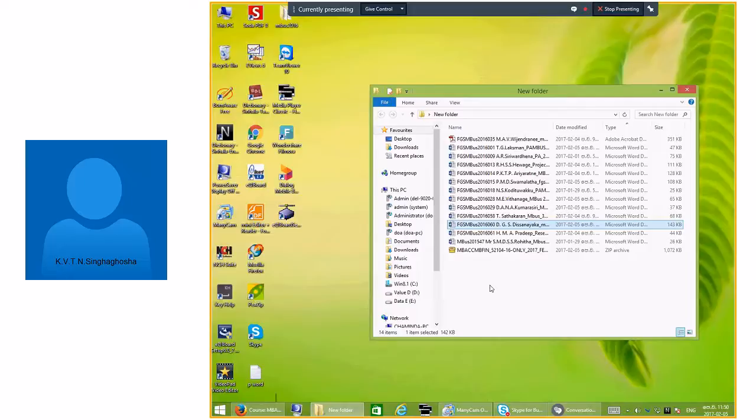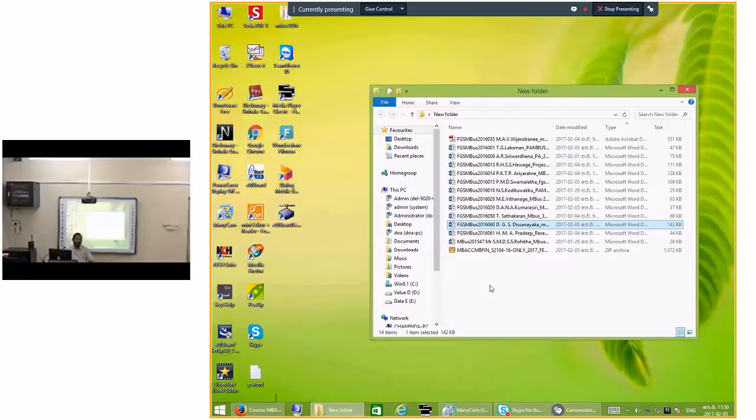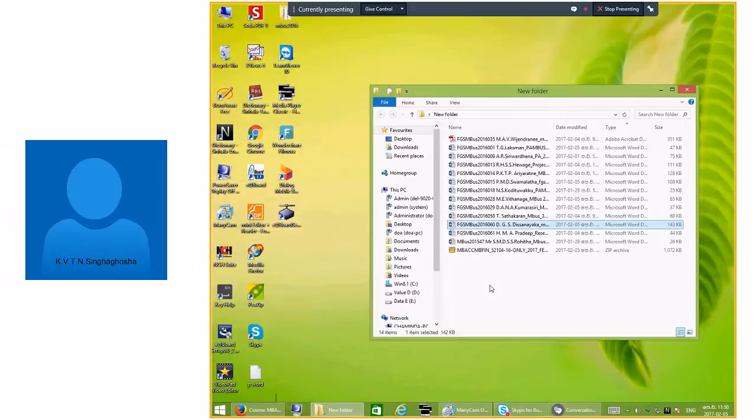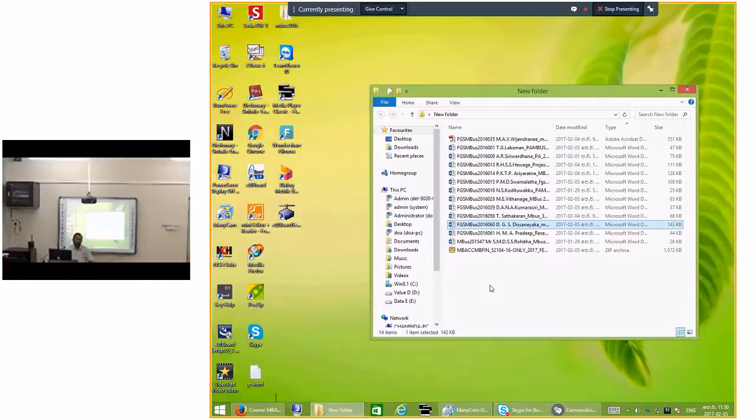Those are the components of reasons for frauds as per the fraud triangle. Are you checking the quality of that? Quality of what? Fraud risk assessment. Yes, sir.